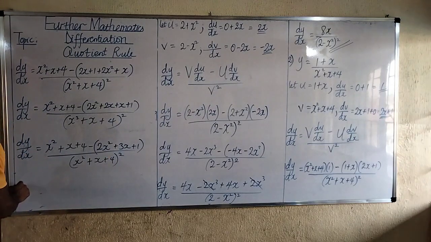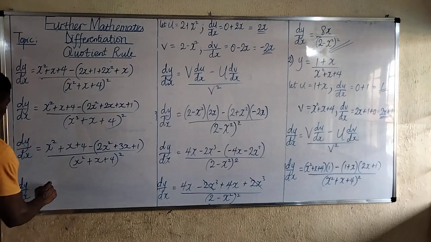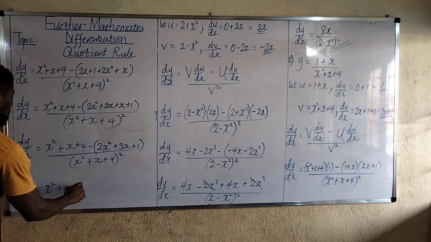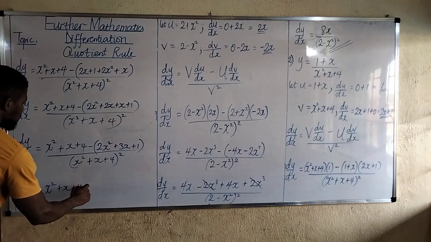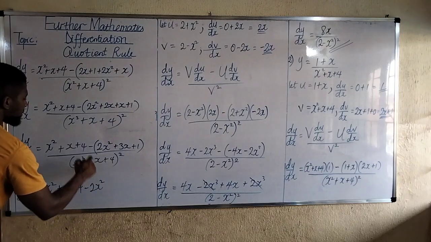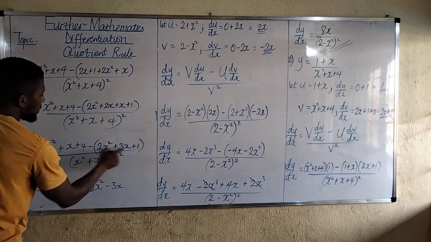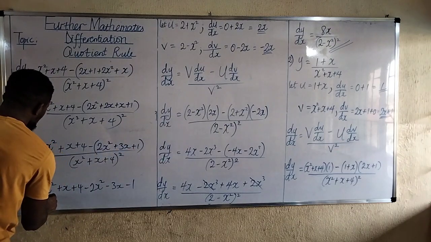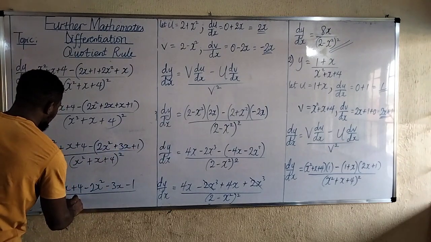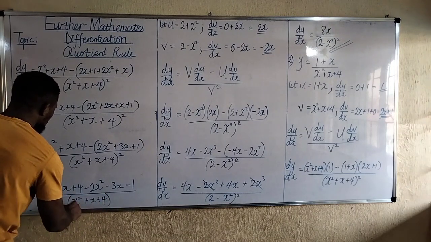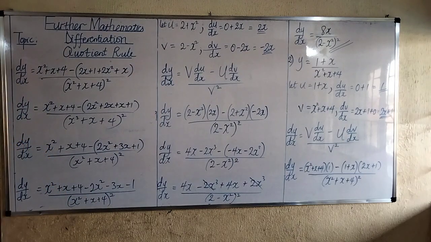We have dy over dx to be x squared plus x plus 4, minus times this will give us minus 2x squared, times this will give us minus 3x, minus 1, all over x squared plus x plus 4, all squared.